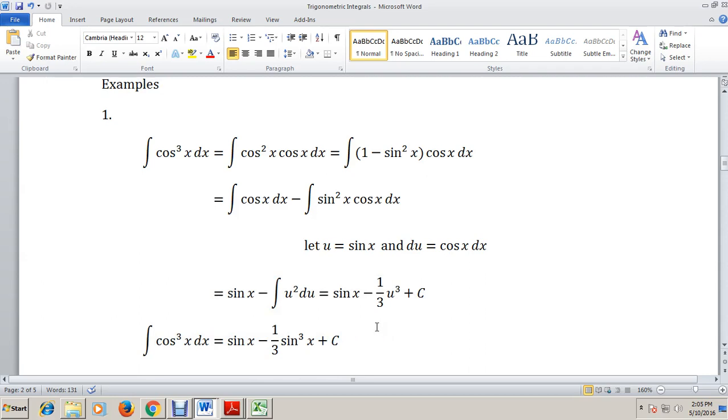Now, take note that whenever we encounter an integral of cosine or sine with a power equal to a positive odd integer, we can always separate the given trigonometric function with power into two factors, one of which is its base form, and the other is left with a power that is an even integer.